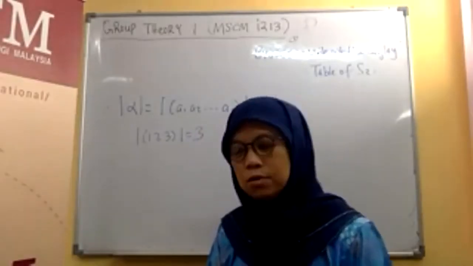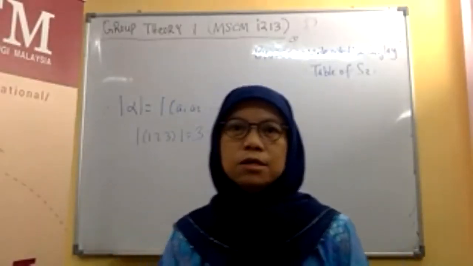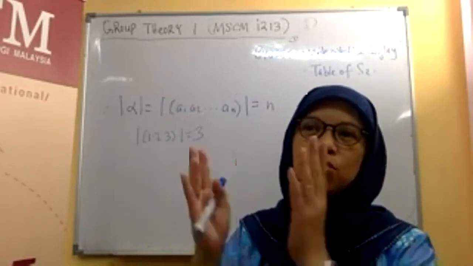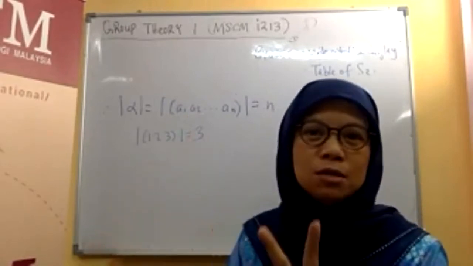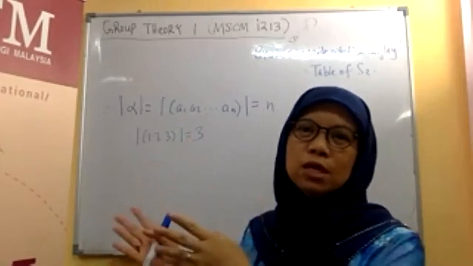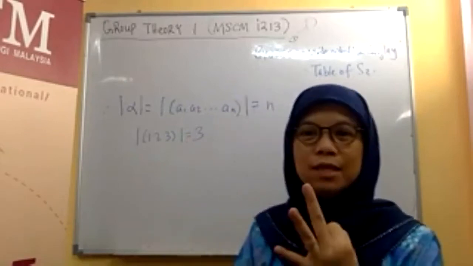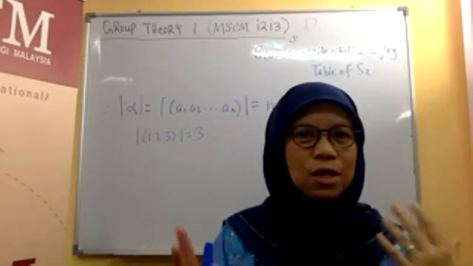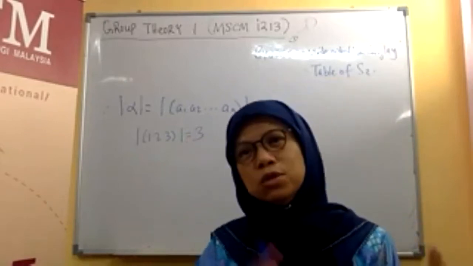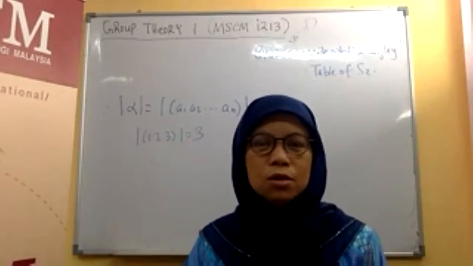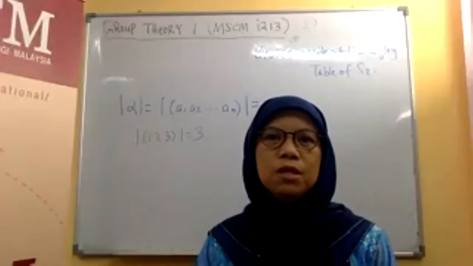So just now, I erased, but S3 will have identity of order 1. (1 2), (1 3), (2 3) has order 2. (1 2 3) and (1 3 2) has order 3. So then you can see it's not abelian. (1 2) times (1 3) is different than (1 3) times (1 2).